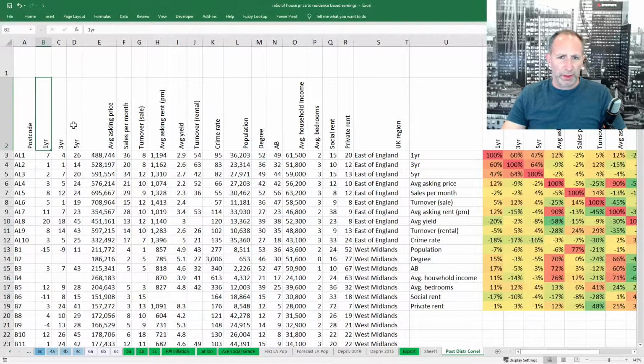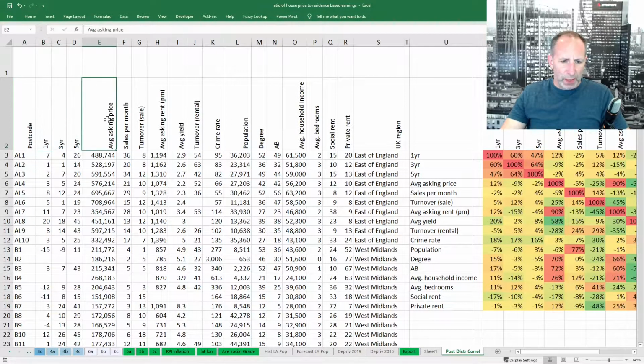Inflation adjusting capital growth to work out whether you have really advanced in real terms on your property investment is a whole topic in itself. But for now, we'll just use this, and this is okay because what we're looking at is relationships between things. So it's indicative, and that's okay for what we need to do.